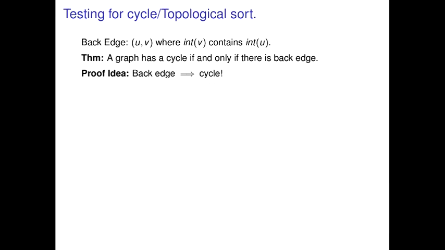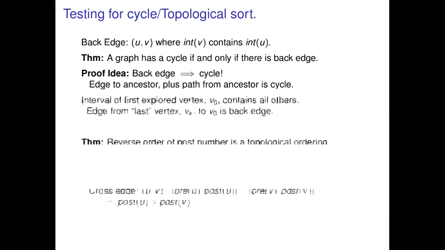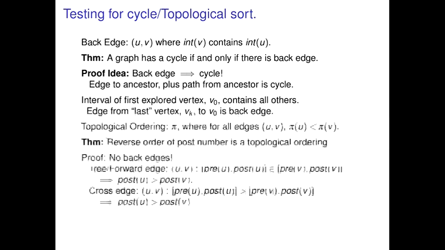That's correct. My notation, I should probably switch the symbol, but that's what that symbol was meant to mean. So if this interval is contained in this interval, then that tells you this post-order number is greater than this post-order number. And the cross edge, you just work it out.